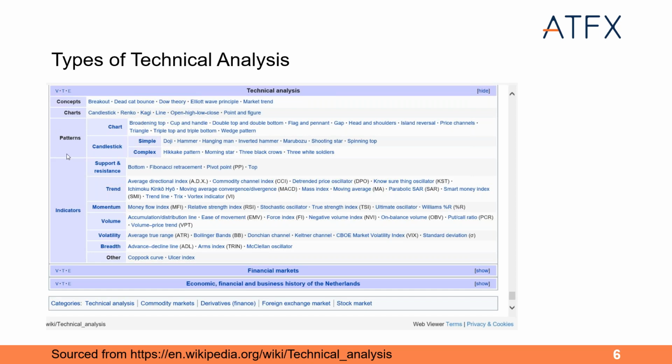And then in terms of patterns, we've got chart patterns. So things like cup and handle, double top, double bottom, flag and pennant. Lots of different types of chart patterns. We've got head and shoulders patterns, gaps, channels, triangles, triple top, triple bottom, wedge patterns. And these chart patterns are used by various people in order to try and determine which way price might go next.